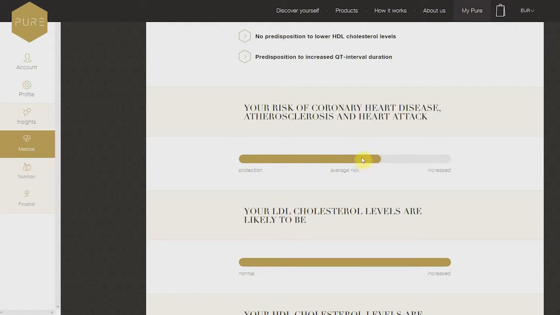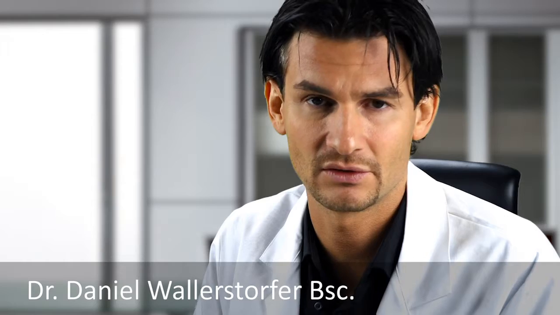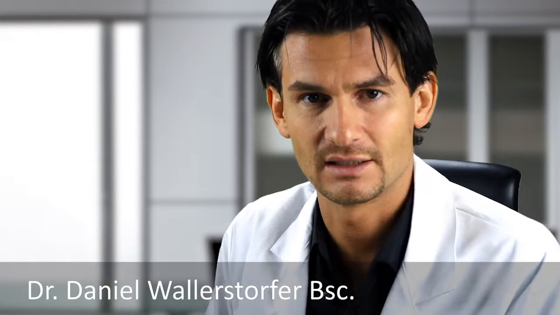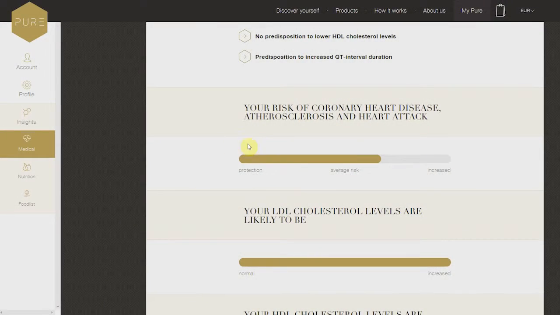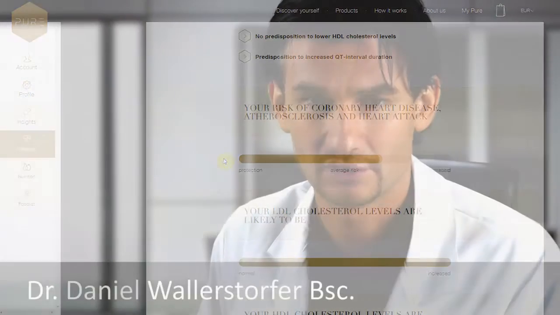It might be increased, like in this case, it could be up to here, which means that a lot of different genetic factors all are suboptimal and increase the risk. So in total, the risk is much higher than that of the general population. Or you might actually have fewer genetic risk factors than the general population, in which case you would be down here. So your genes would actually be a protective effect for you. So reduce your risk compared to people around you.